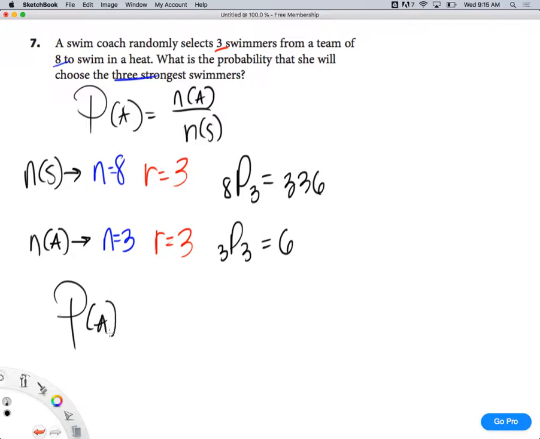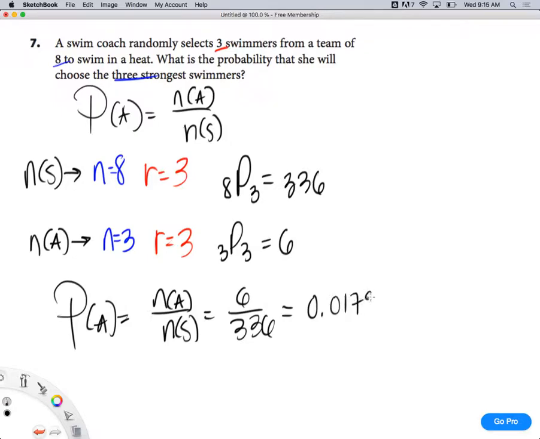So the probability of A, which is NA over NS, is equal to 6 over 336, which is 0.0179. You could have reduced that to 1 over 56, but if I asked you for the answer in fraction form, you definitely want to reduce. Okay? Good question.